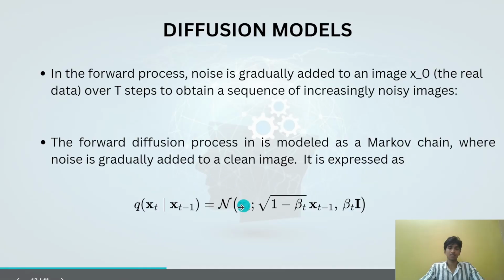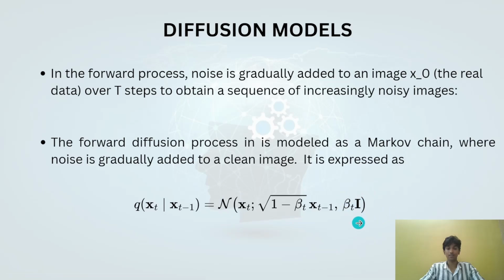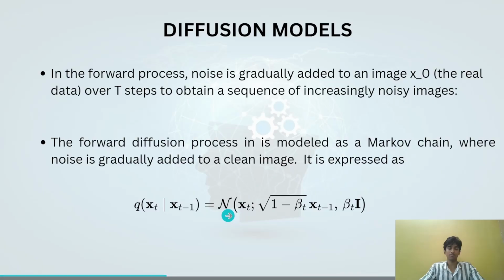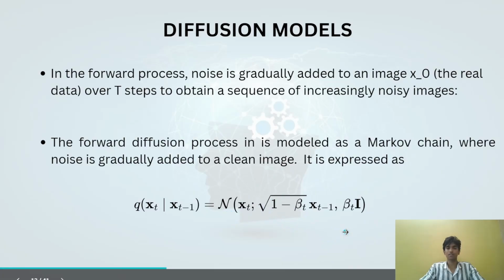It is expressed as you can see: N means the normal distribution, xt means the state of the image at that point, and I is the identity matrix. This notation means beta t times I is the covariance matrix of this normal distribution. It's a multivariate normal distribution, and this is how multivariate normal distributions are usually represented. I'll explain these in the next slide.